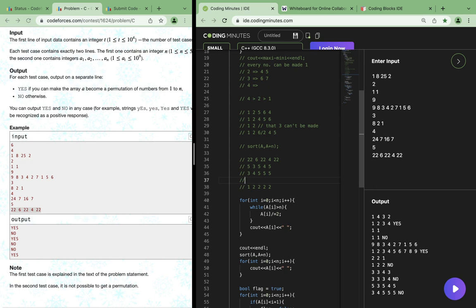This approach has failed. What do we do now? So we cannot make a 4, but later we can make a 2 from 5. That's something.